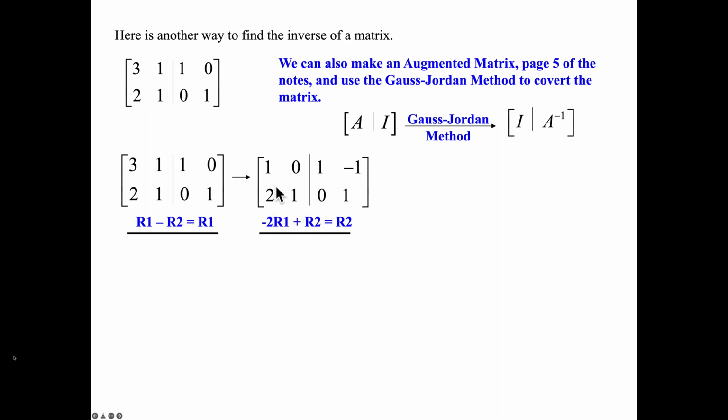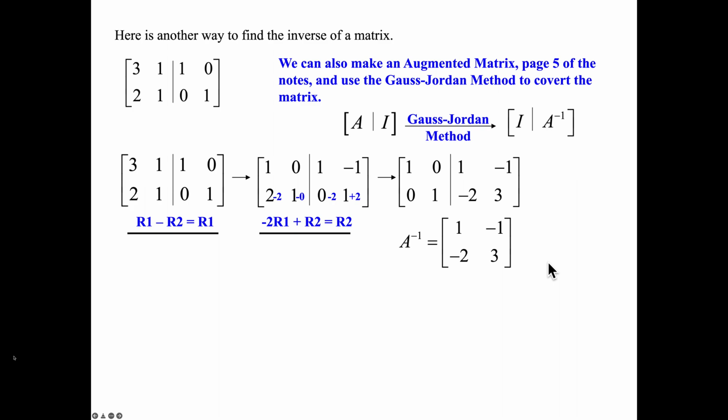Negative 2 times 1 is negative 2. Negative 2 times 0 is 0. Good, we're not changing it. Negative 2 times 1 is negative 2. Negative 2 times negative 1 is positive 2. Crunch the numbers. Here's the identity matrix on the left, and here is the inverse matrix on the right.